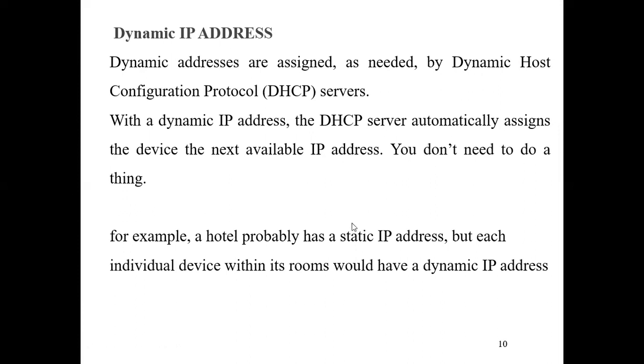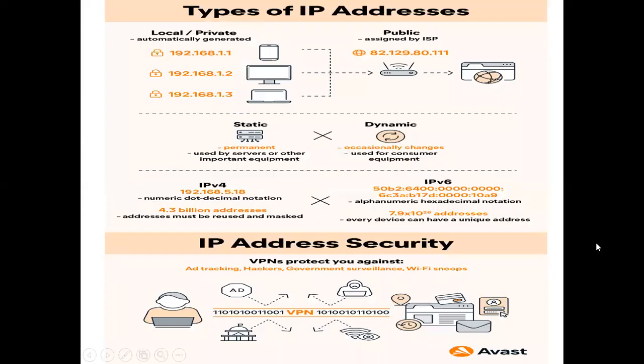Now we move towards the diagrammatical view of the types of IP. Here, local is called a private IP address. Public IP address is used when we want to connect to the external world.